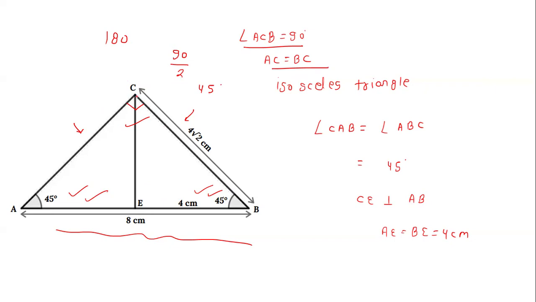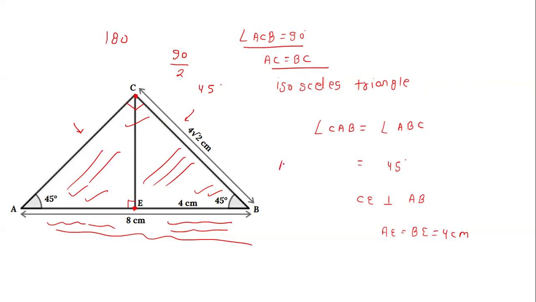And now let's suppose I draw a perpendicular from point C to this base AB. So let's say this will cut at the point E, and this is the 90-degree angle. So you can see that this part is similar to this part. So this length will be equal to this length, and it will divide the whole AB into half.